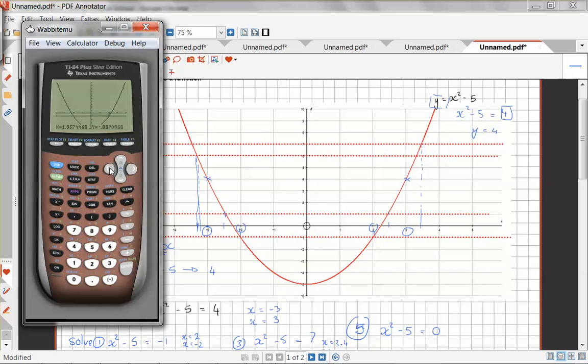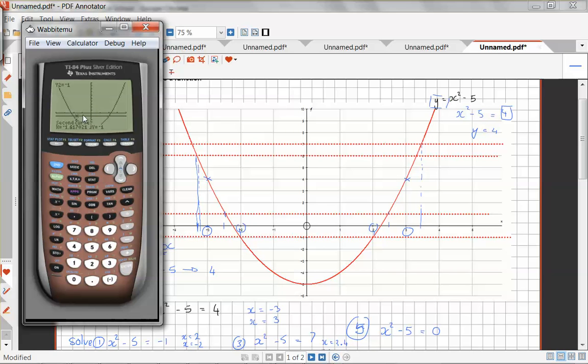So what I do is I do it again: second, calculate, go to intersect, press enter. With the cursor, I move it all the way around the curve so it's closer to the one that I want. I keep going until it's near the intersect that I want. This is where you've got to have the knowledge, it doesn't know.